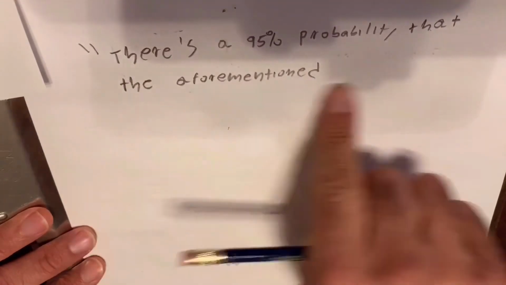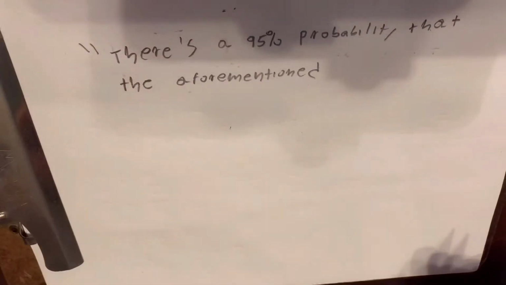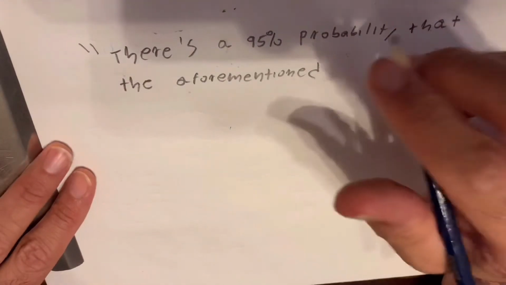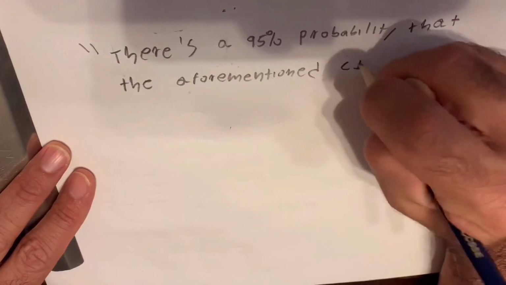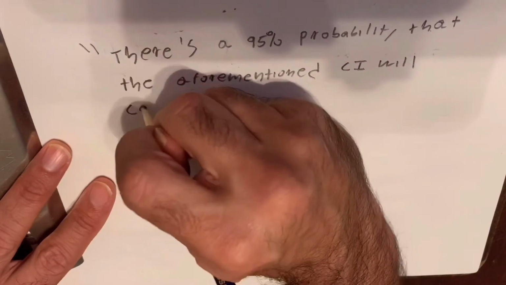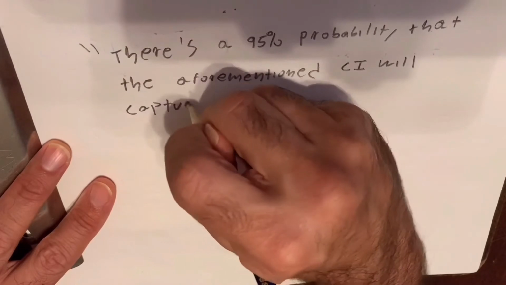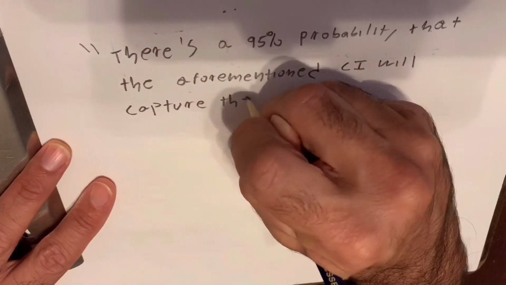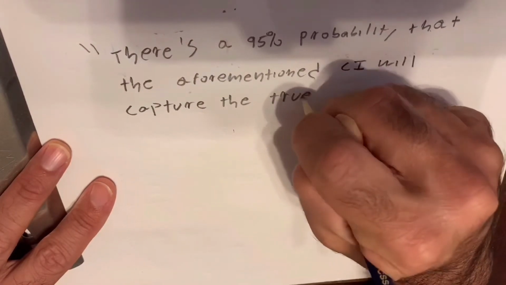I love this word, aforementioned. It means what you just calculated. Aforementioned. I love this word. That the aforementioned confidence interval will capture. Now, this is the word I like, capture. The true mean.